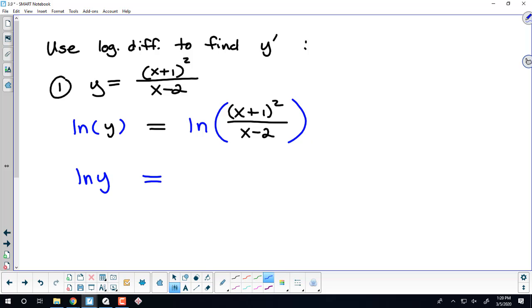But on the right hand side we have the log of a quotient. So the log of a quotient turns into what? Difference, yeah, so what does the difference look like? What will we have? Natural log of (x plus 1) squared minus natural log of x minus 2.